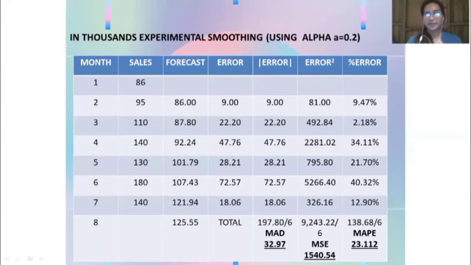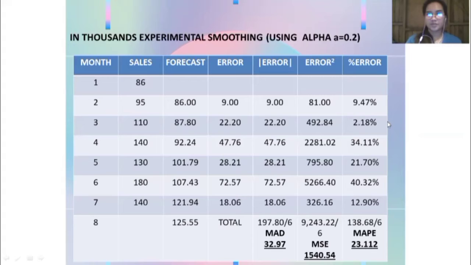Okay, so hi everyone, and now we are going to calculate the forecast using exponential smoothing. We have our objectives: calculate the forecast using exponential smoothing and also calculate the mean squared error, the MSE, the MAD, and the MAPE.